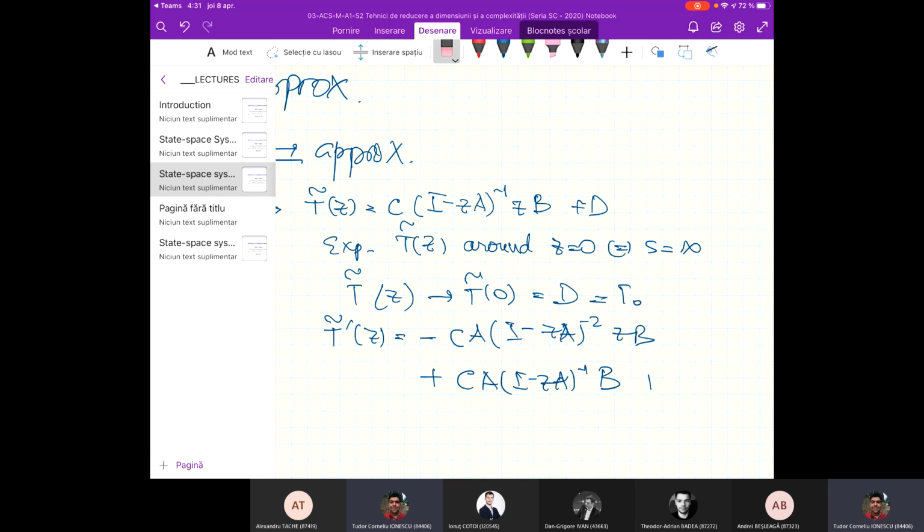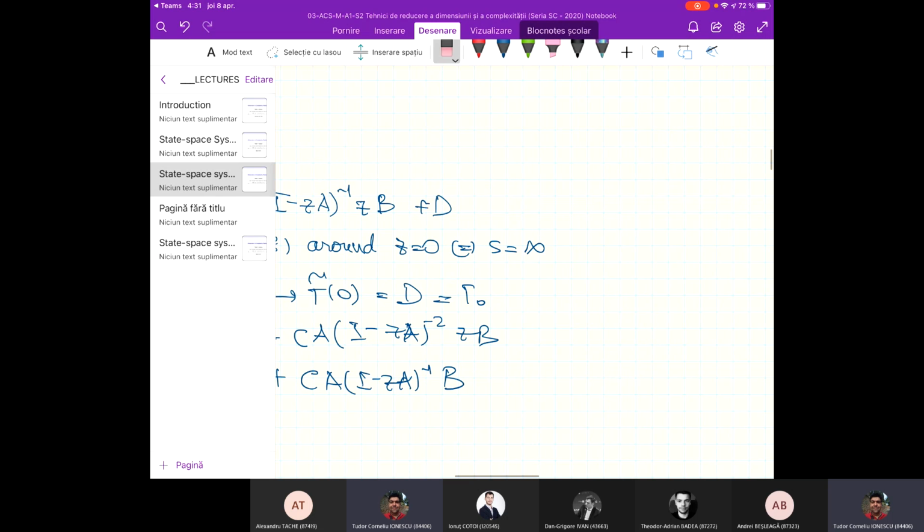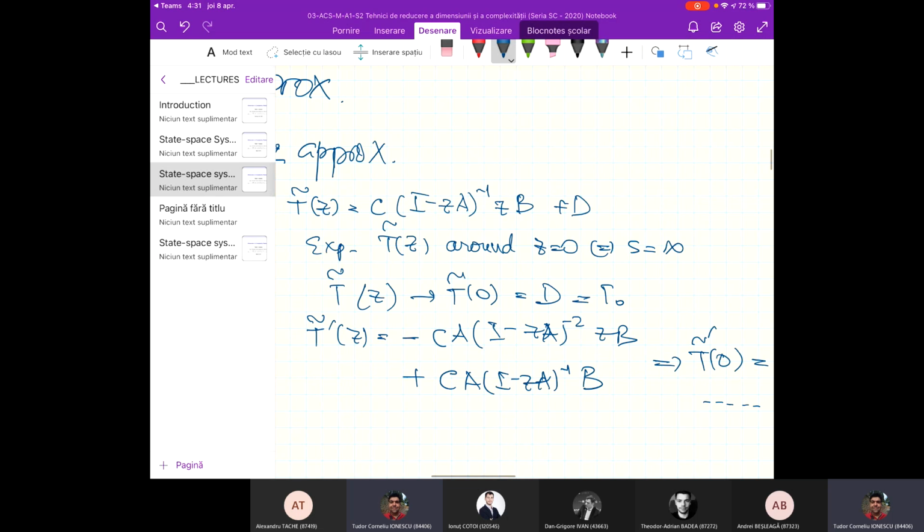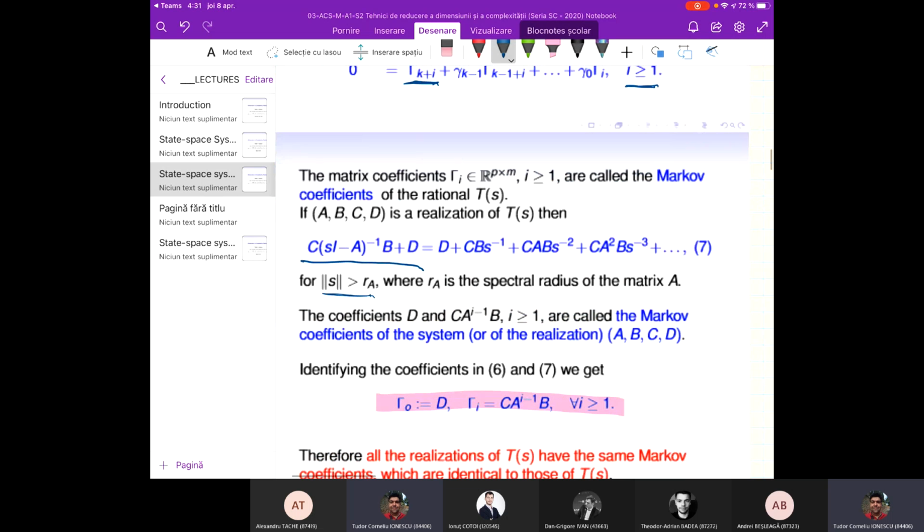So that means that T tilde prime of 0, for the second coefficient, is CAB. This is gamma 1, and so on and so forth. Or CB, something like that.